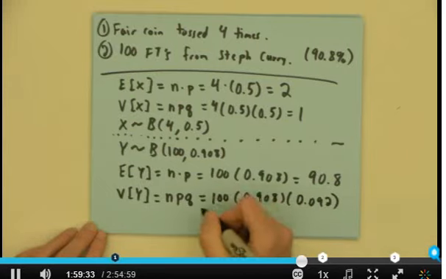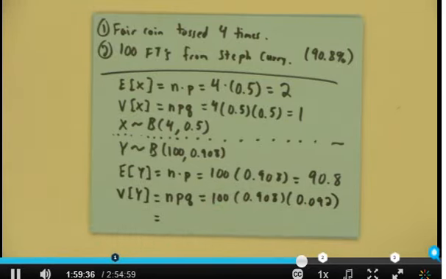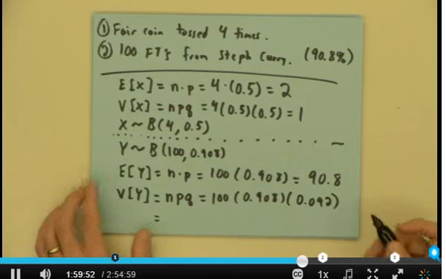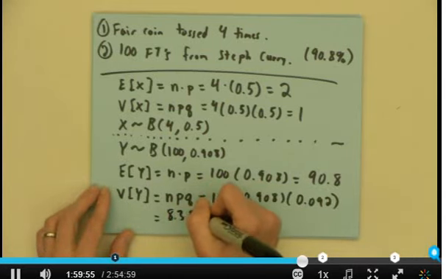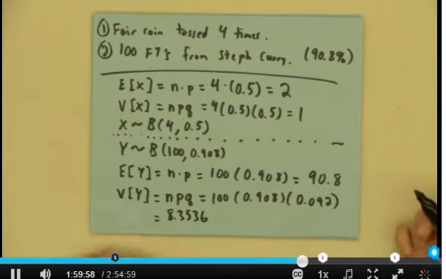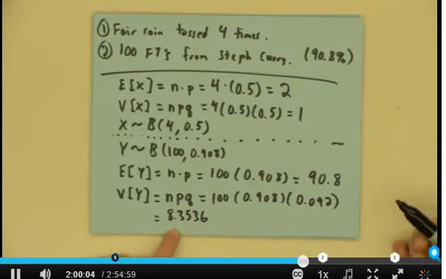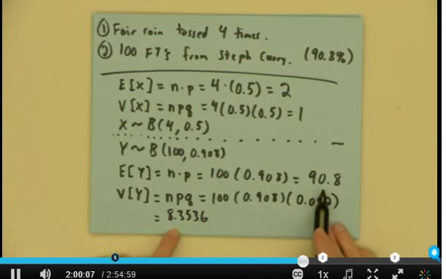And then once I take that product, I have his variance. 90.8 times 0.092. It's like 8.3536. And then if I took the square root of that, that's a little bit less than 3, like maybe 2.8-ish. That would mean he hits an average of 90.8 of these, and the standard deviation would be about 2.8. Again, pretty remarkable.